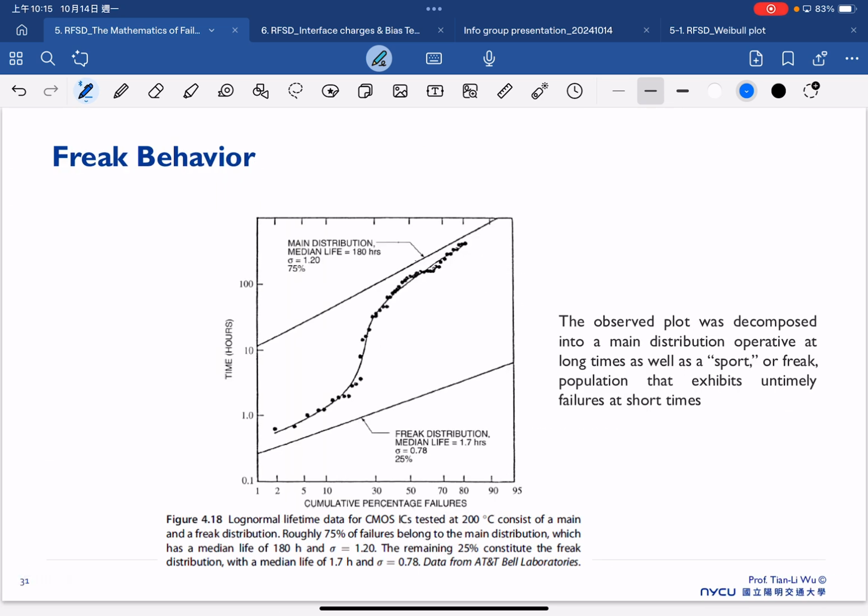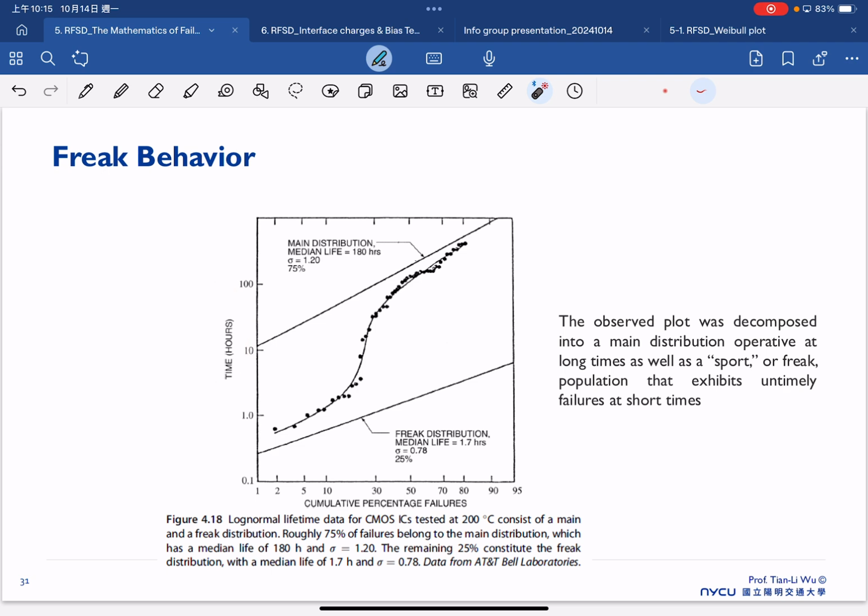If we try to plot for either log normal or Weibull, we plot this cumulative percentage value on the x-axis, and the y-axis is time.